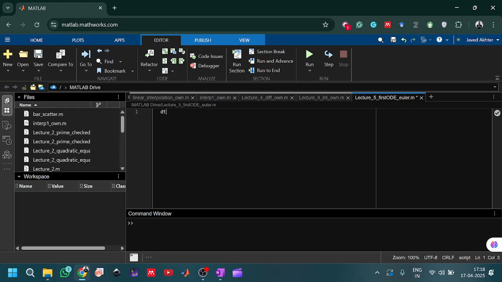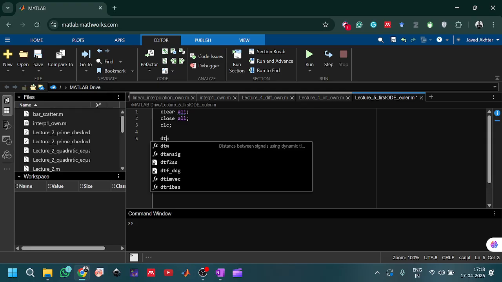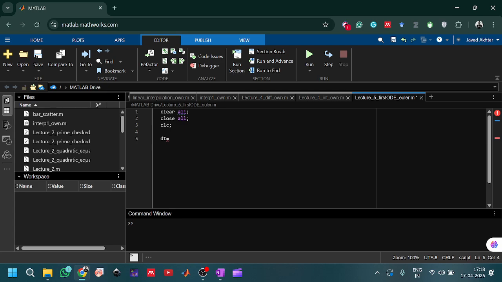First let me define dt. Before all, let me put a comment here, since it is good practice to write it at the start of every code. Then I will specify the time step here: 0.1, this is our time step.